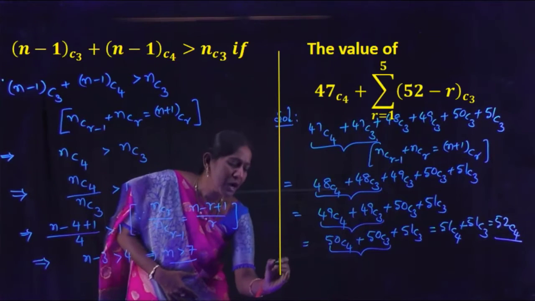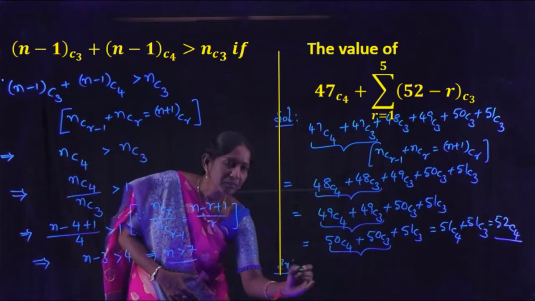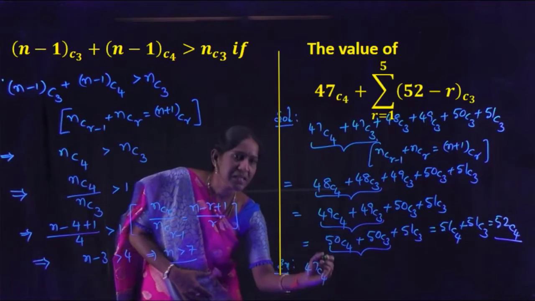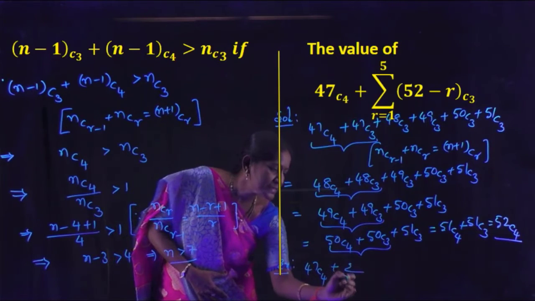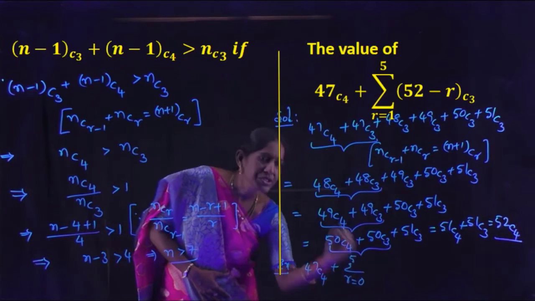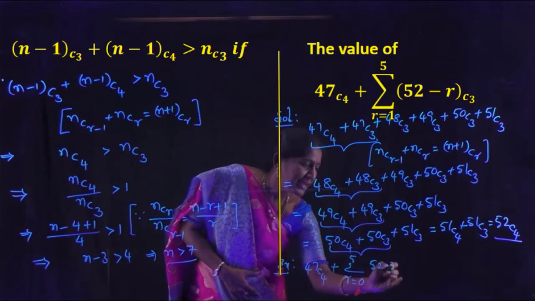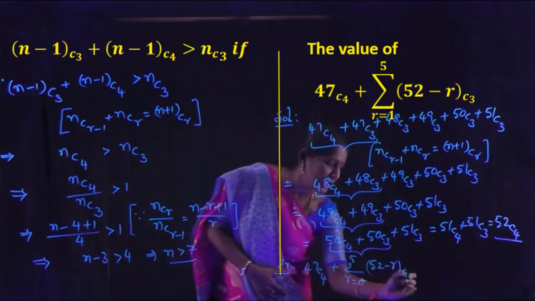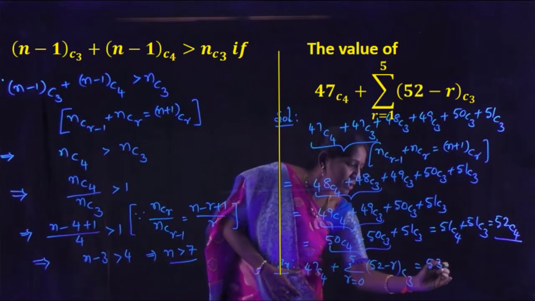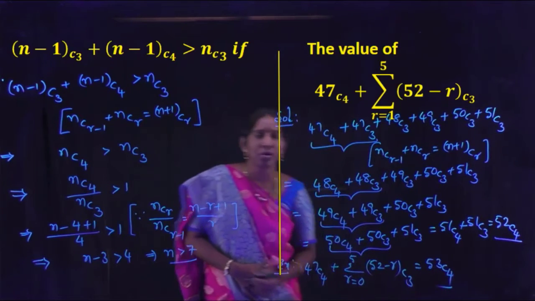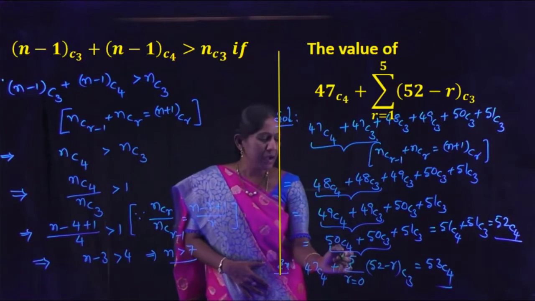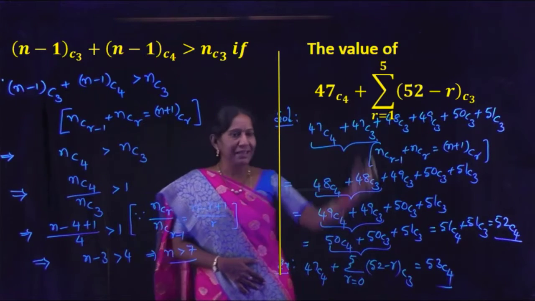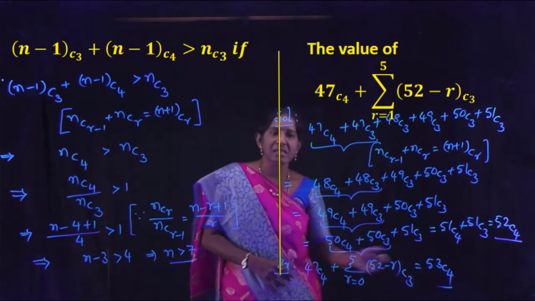Suppose we want to find 47C4 plus sigma r equal to 0 to 5, (52 minus r)C3. Then this becomes 53C4, by expanding sigma r equal to 0 to 5 like this.